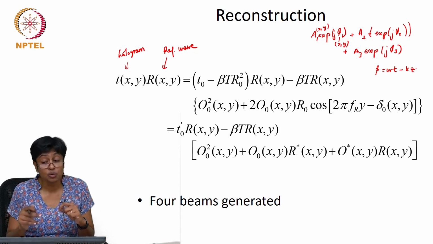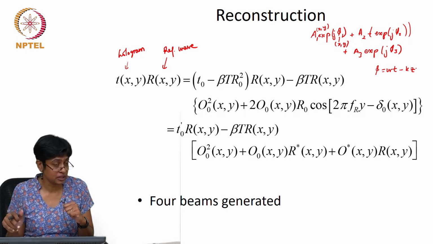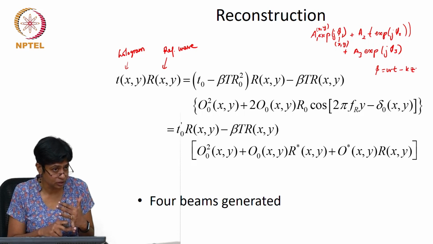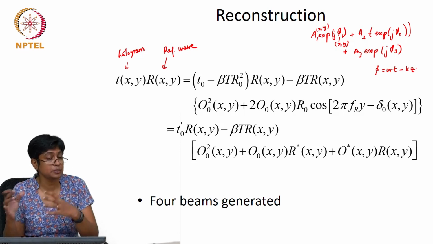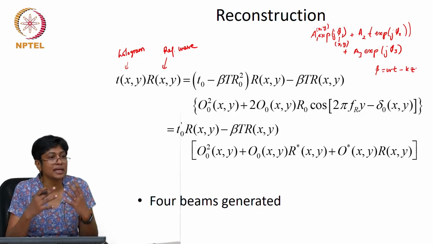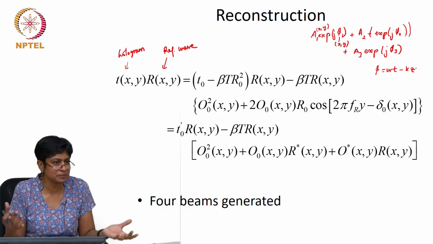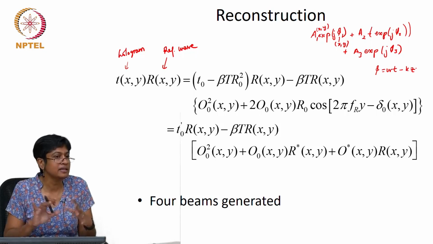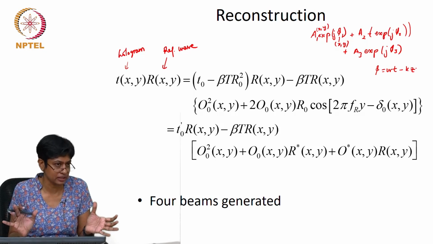Right. So, buried in this is the information about the direction. I can clearly see there is an amplitude variation. When I say this plus this plus this, I am then looking at a space in which these 3 beams exist, though they may be traveling in different directions. So, I am looking at that combination.